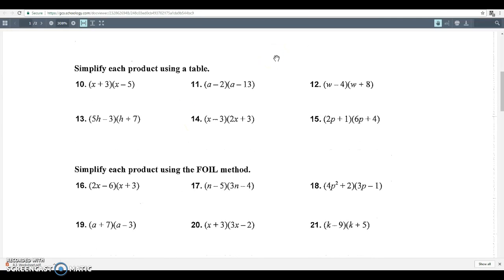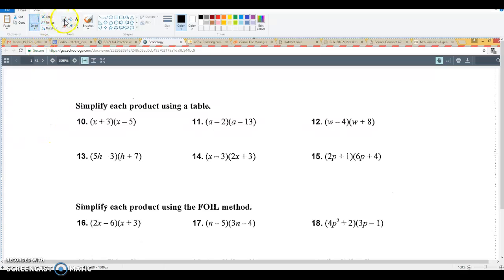So, simplify each product using a table. To do that, you can set up a table for solving this.